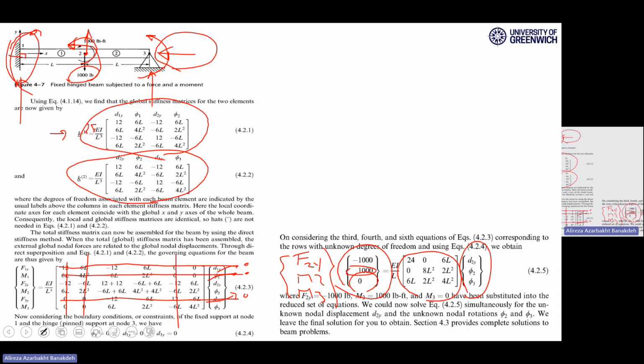It's 28 EI over L3. It is just EI over L3, right? What you do is just bring this 28 into the matrix, multiply it with all the elements, and keep EI over L3 outside, right? It's not a big deal.